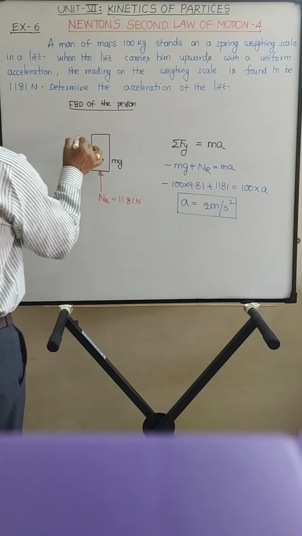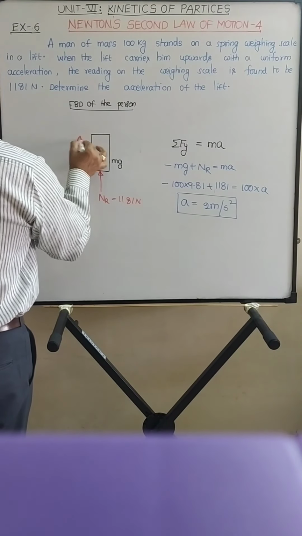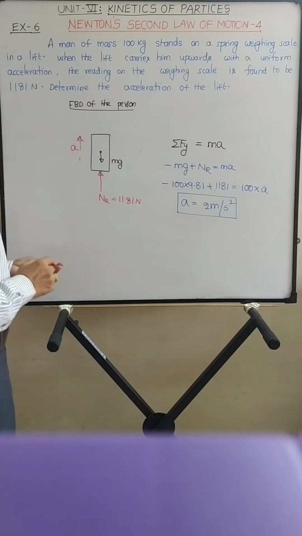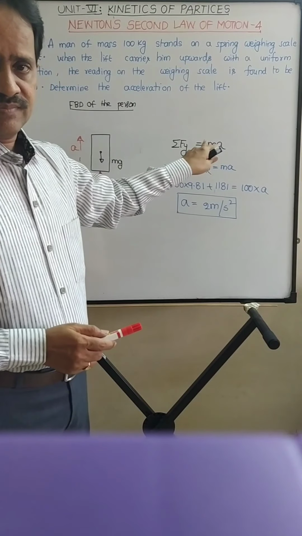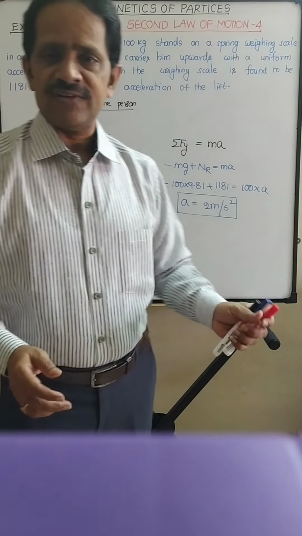So the person is moving with an acceleration A upwards, same as the acceleration of the lift. So it is 2 meters per second square.